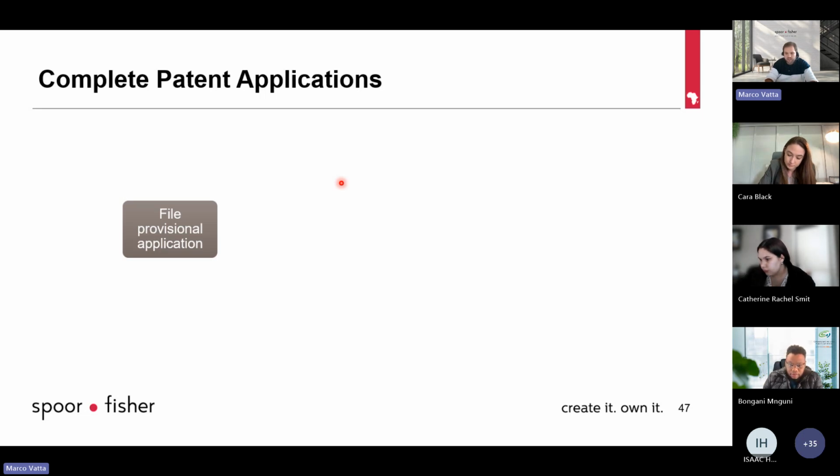Now, a provisional patent application is exactly that. It's a provisional application. There are no rights that are granted from a provisional application. What a provisional application allows, though, is for securing your novelty and inventiveness date. So the date at which the courts will assess the novelty and inventiveness of an application. So your provisional application will be the first filed application in respect of that invention.